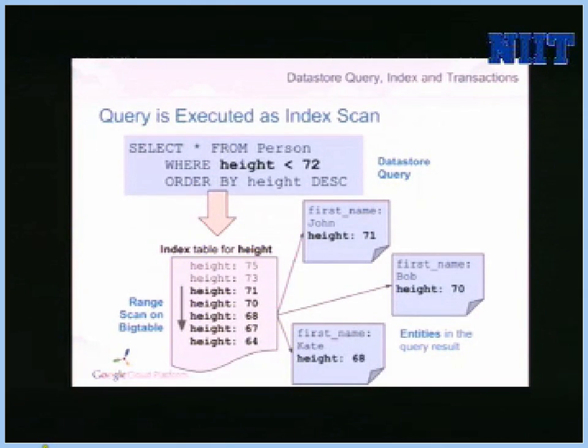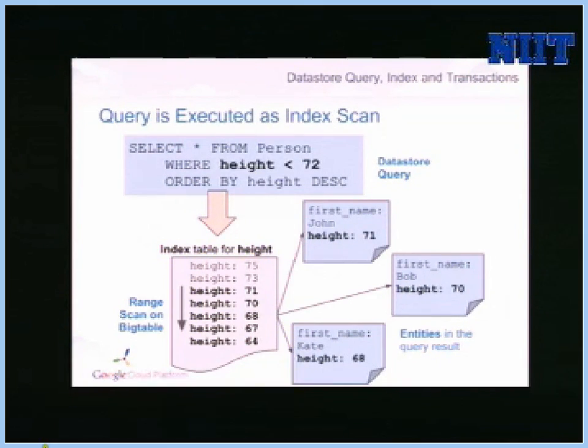So think about a simple query like this, trying to select all the person entities with a condition like height property must be less than 72. This query will be executed as a range scan on Bigtable with an index table for height. Recall in the Datastore introduction session, there was a function called memscan. Bigtable can scan on a key, not on the values.